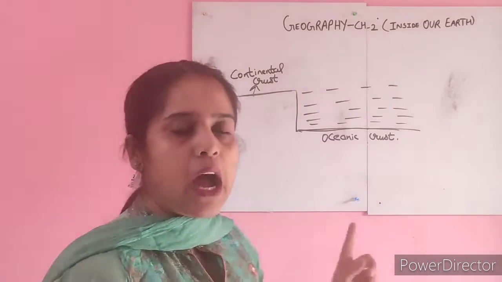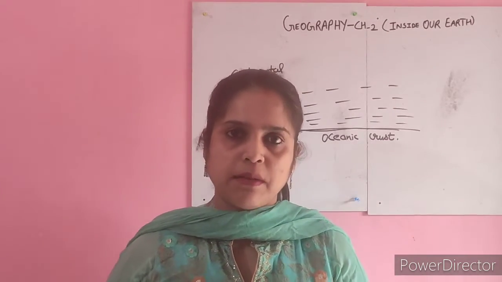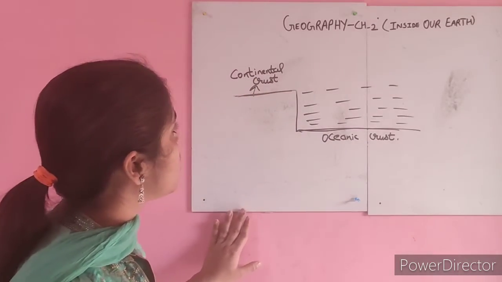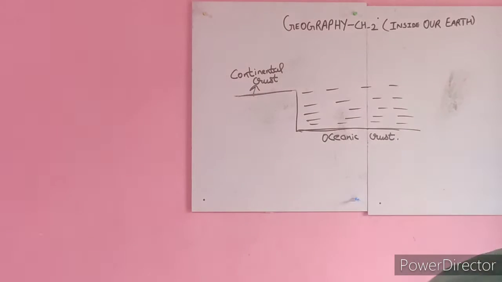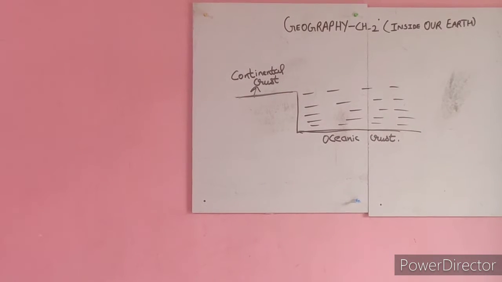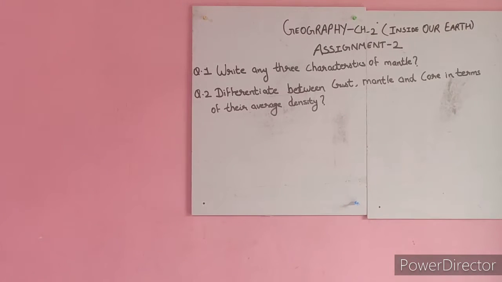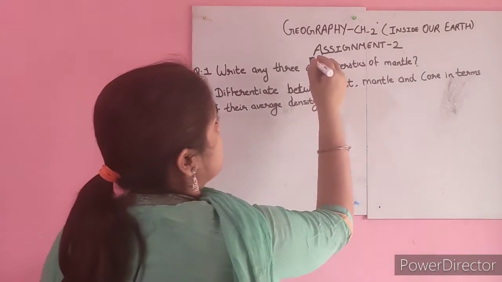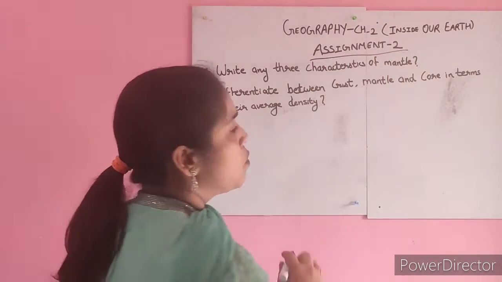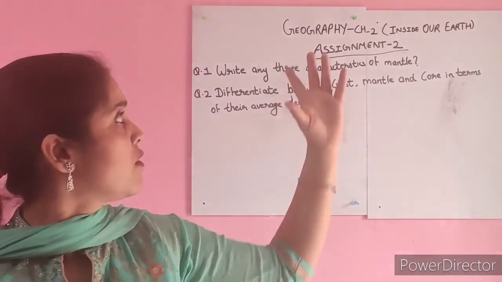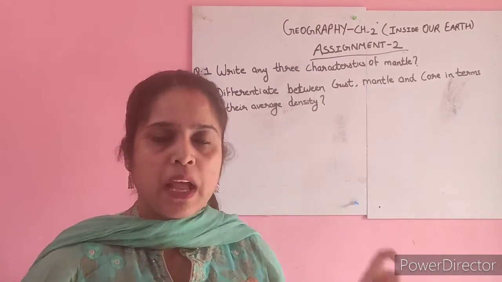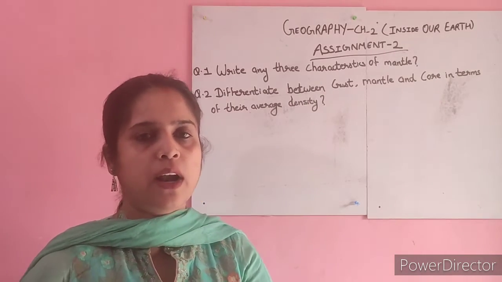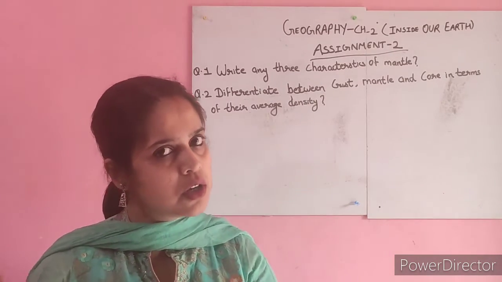Okay? Now I'm going to give you a short assignment that you have to do in your notebook. So please write down that assignment now. Your assignment for the day is assignment number 2. You have written the chapter name before. You have done your assignment number 1. Now from the same page, write down at the bottom assignment number 2.